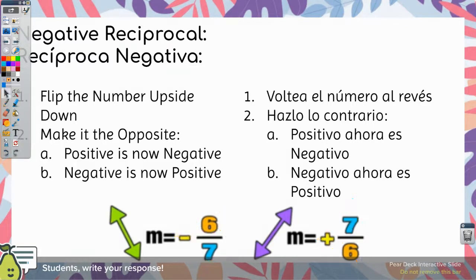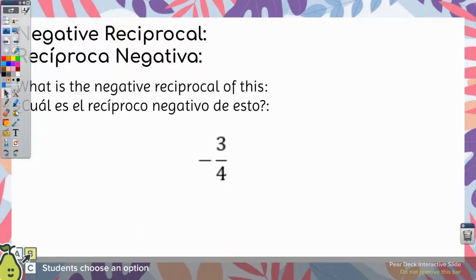Let's try out one. I want you to pause and try this out. -3/4. What is the negative reciprocal? All right, assuming you paused. This number here is negative. That tells us our new number is going to be positive.